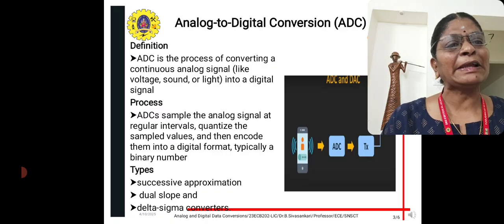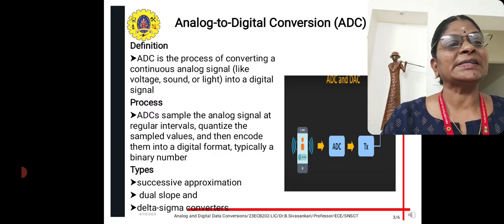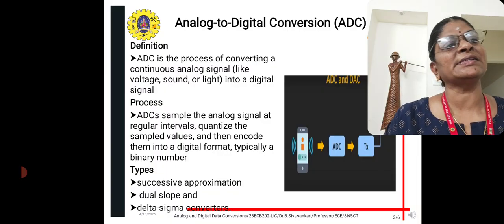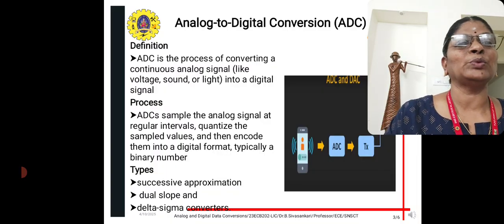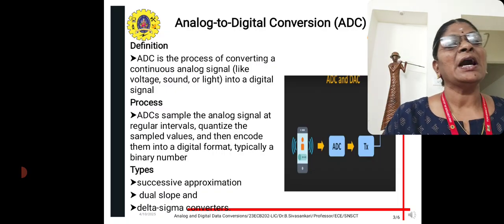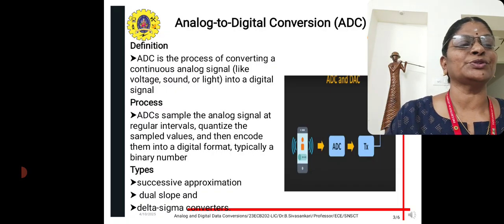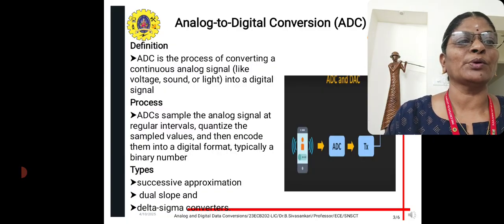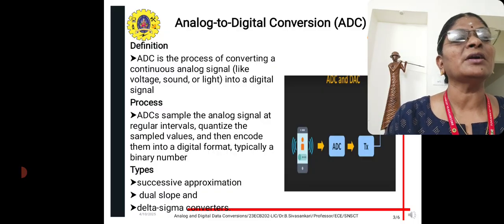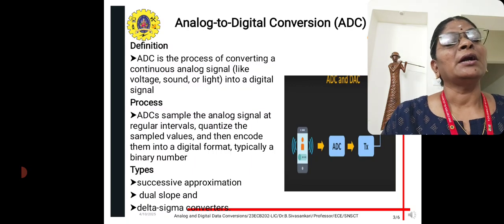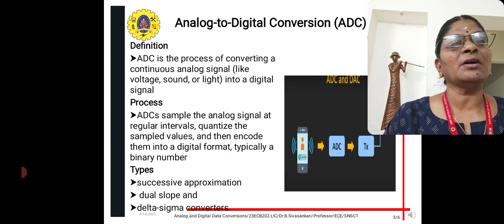From our mobile phone the signal is converted to electrical signals and fed into the ADC, where that analog signal is converted into digital signals, and the same signal is passed to the transmitter section. From the transmitter section it is passed via a transmission antenna, on the transmitter side, via antenna.